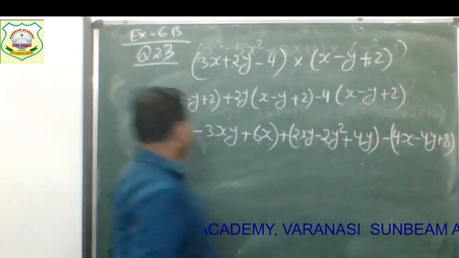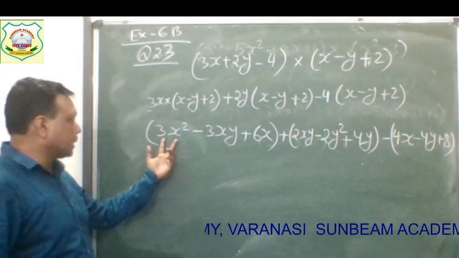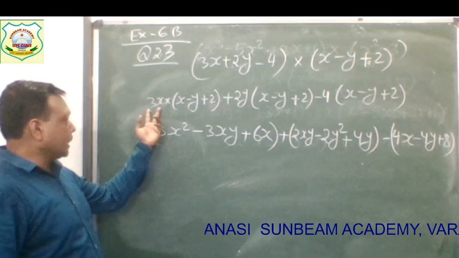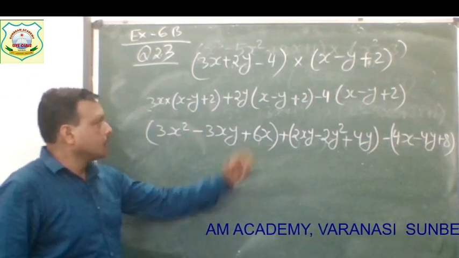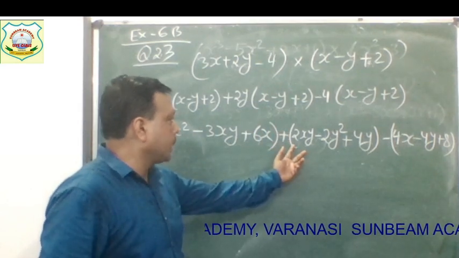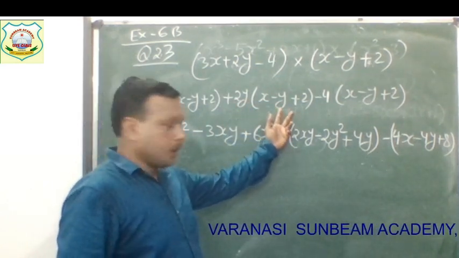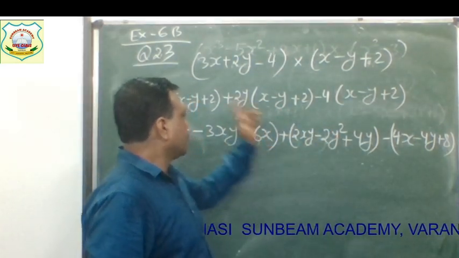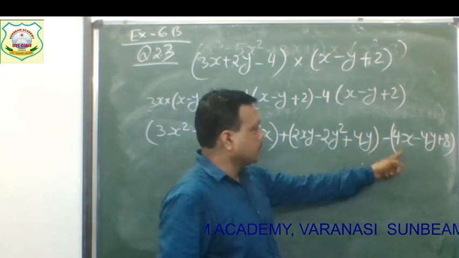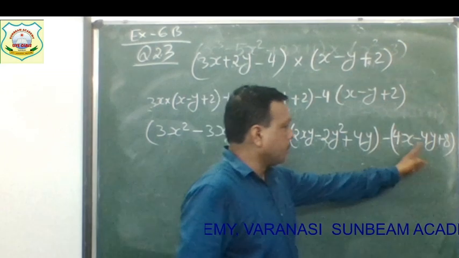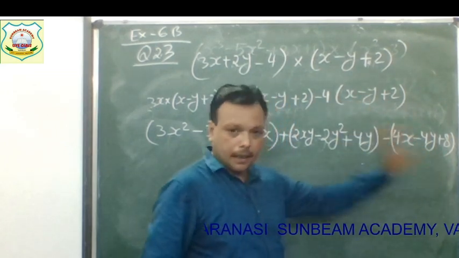Again students, I am telling: 3x into x, 3x square, then minus 3x into y, 3xy, 3x into 2, 6x, 2y into x, 2xy, 2y into y, 2y square, plus 2y into 2, 4y. Clear? Minus 4x, then plus 4y, and minus 4 into minus 2, plus 8.